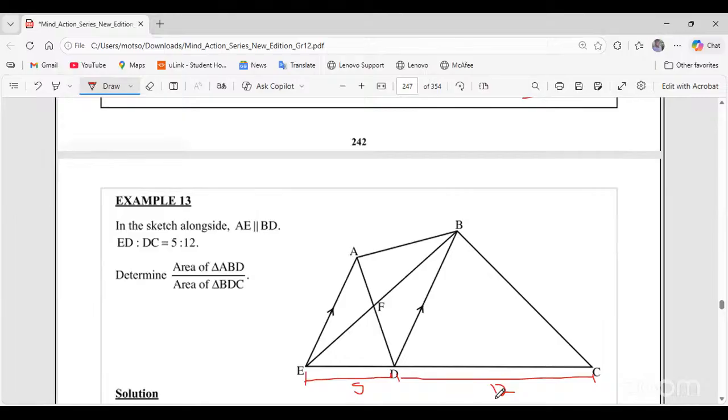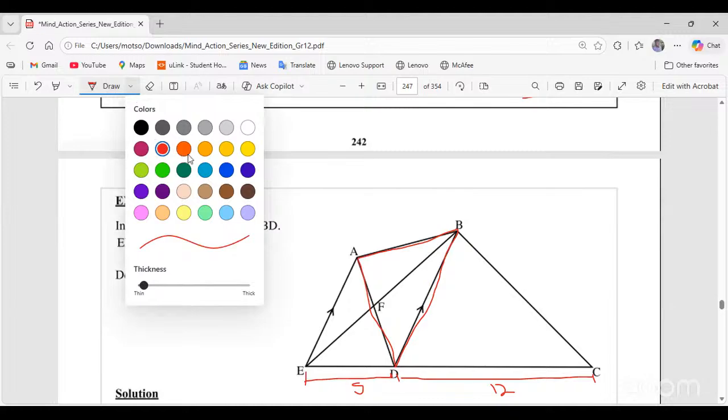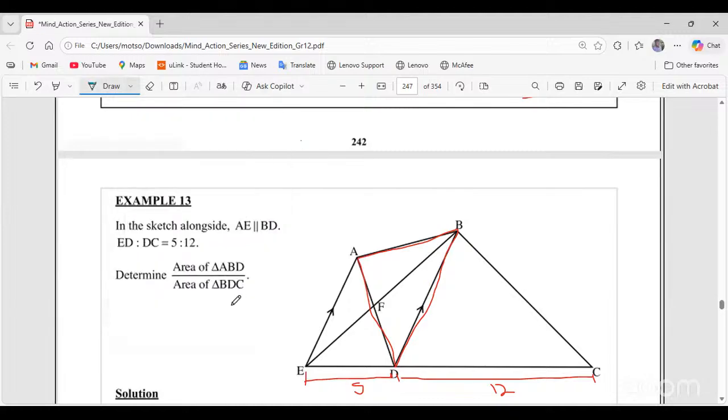We are required to find the area of triangle ABD over, on the bottom as the denominator, the triangle BDC. BDC is this one here.